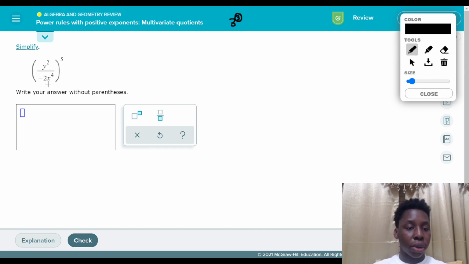Let me show you what I mean. I'm going to treat minus 2 separate from x to the power 4. So instead of y squared over minus 2x to the power 4 all to the power 5, I'll say y squared over minus 2 times x to the power 4, all raised to the power 5.